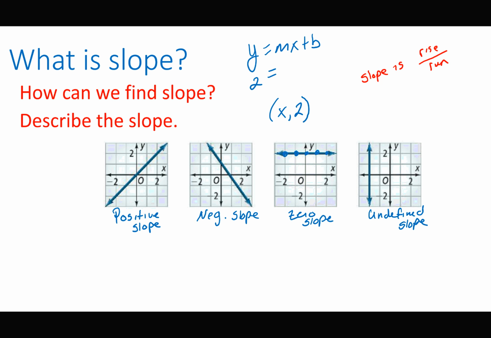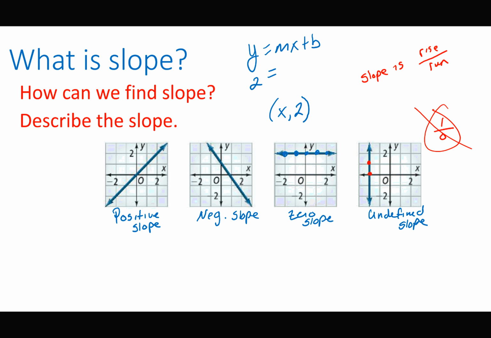So if we were to look at this graph here on the far right, I could say, well, if I went from this point to this point, I rose 1, but I didn't run any horizontal direction, which is 0. Anytime you divide by 0, that's bad. We can't have that. We cannot divide by 0. That's what makes it undefined. So a vertical line has an undefined slope.